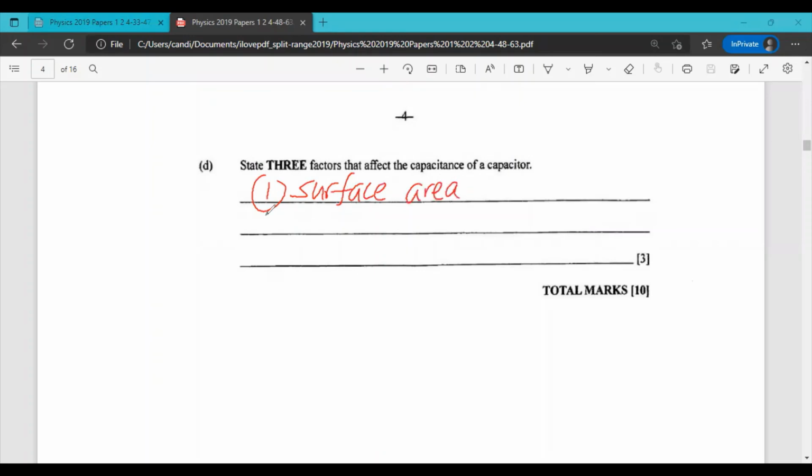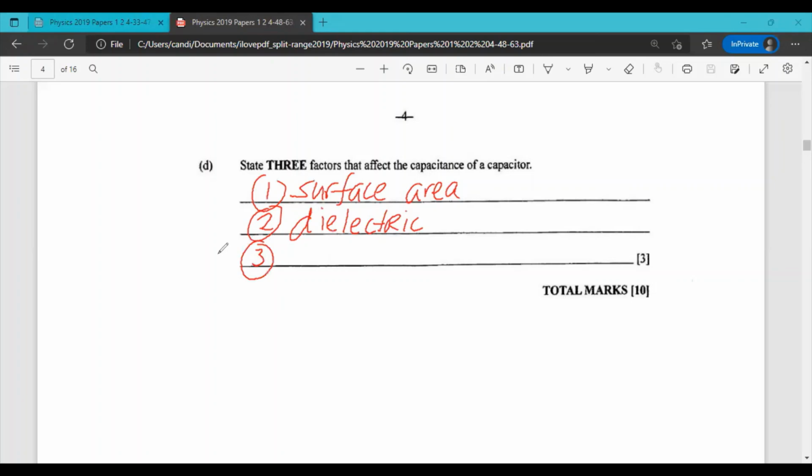The smaller the surface area, the smaller the capacitance. The second factor is the dielectric material, the nature of the material between the plates. Sometimes that can be an insulator like glass, or it can just be air. Depending on how good the dielectric is, there will be more or less charge leaking from the plates, so that will also affect how much charge it's able to store.